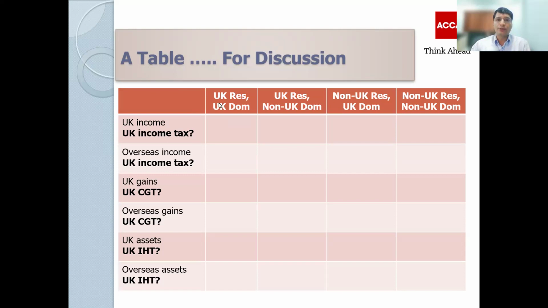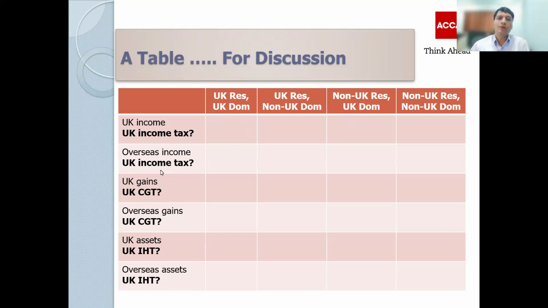Therefore, in all circumstances, for all four boxes, UK resident, UK dom; UK resident, non-UK dom; non-UK resident, UK dom; and non-UK resident, non-UK dom, the first line is yes. UK income is liable to UK income tax in all circumstances.